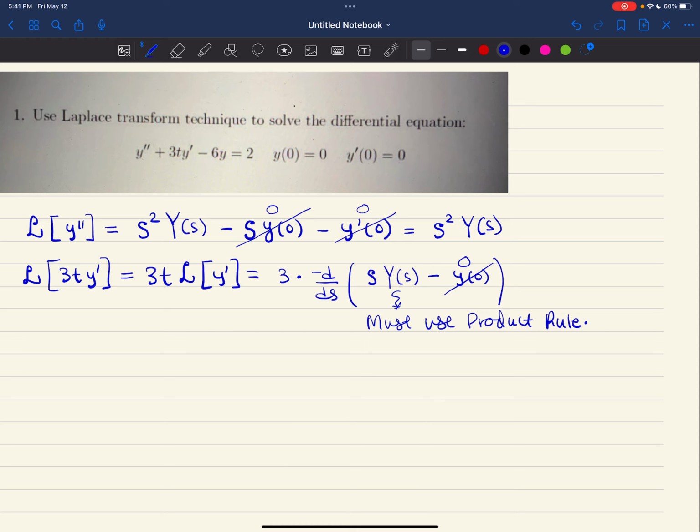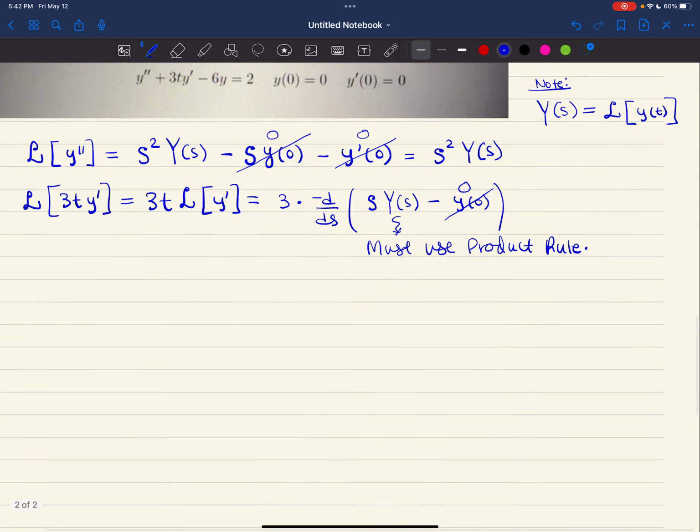Also, just a side note, that big Y of s is just the Laplace of little y of t. That's just what the big Y of s represents. So be careful with that part.